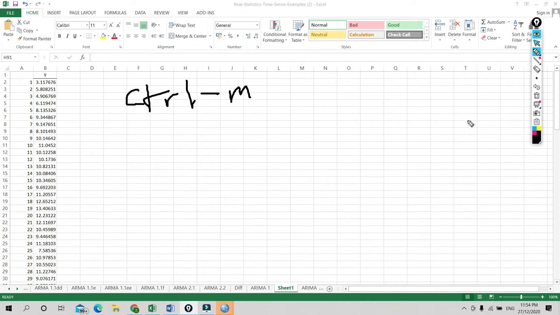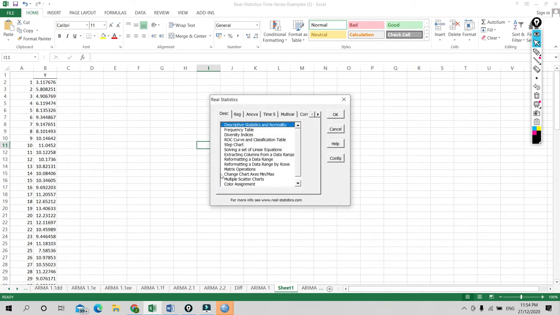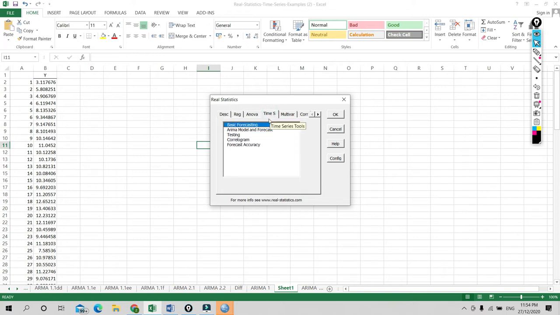If you press Control M, you will get this function. This function will pop up. You just select time series, go to ARIMA model and forecast.